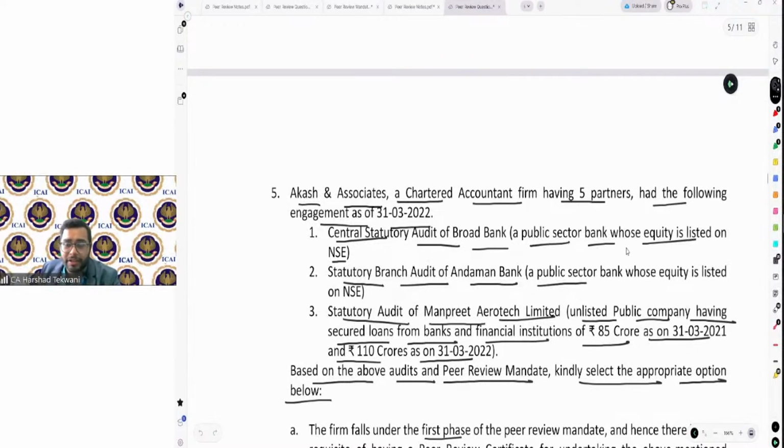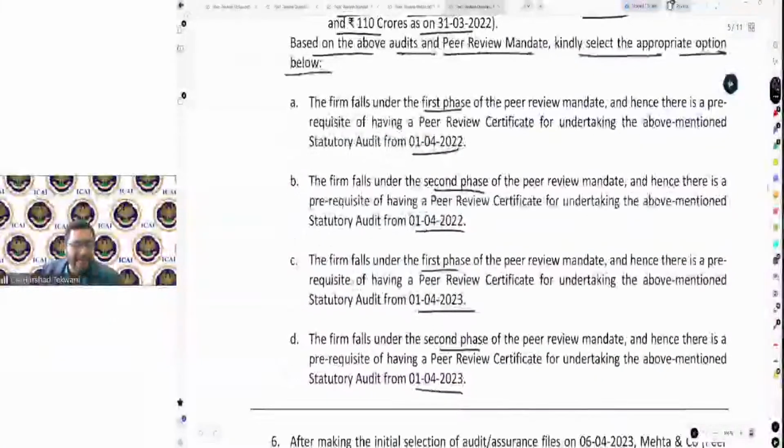Its equity is listed on NSE, listed in India. By default, if you have even one such audit, you are required to have a peer review certificate from 1/4/2022. Irrespective of other audits, I'll directly say that it falls under the first phase, wherein the firm is required to have a peer review certificate as a prerequisite from 1/4/2022.